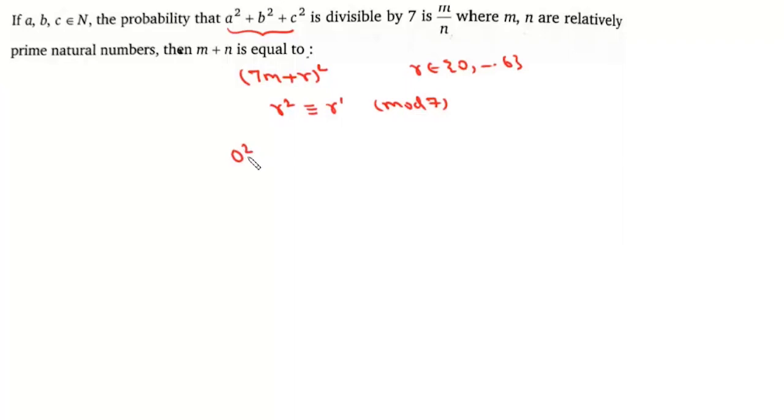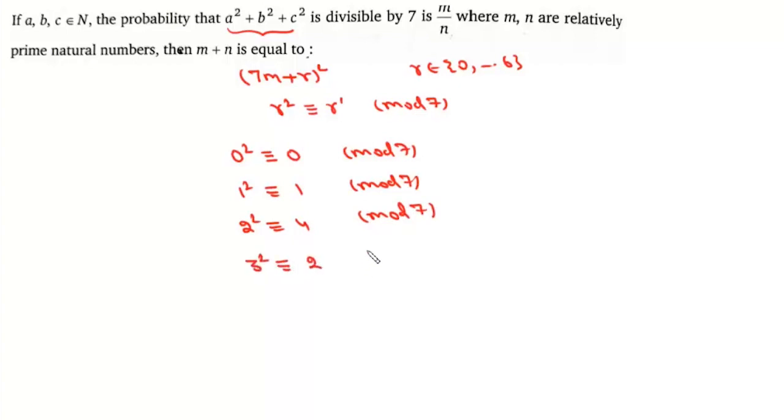Now when r square is 0, it is 0 modulo 7. If it is 1, it is 1 modulo 7. 2 square is 4 modulo 7. 3 square is 9. 9 is 2 modulo 7. 4 square is 16, which again is 2 modulo 7. 5 square is 4 modulo 7.